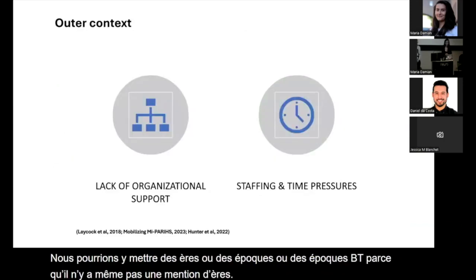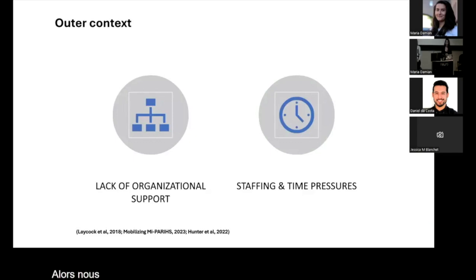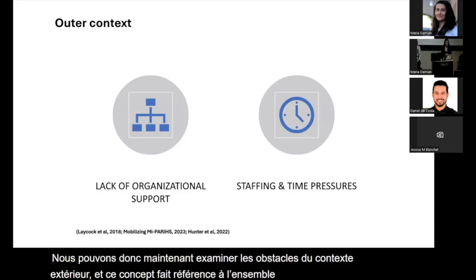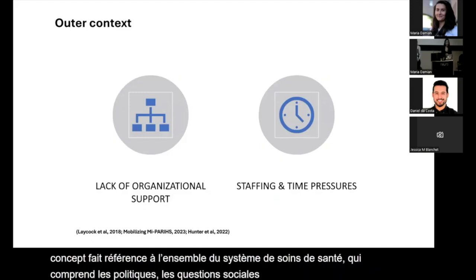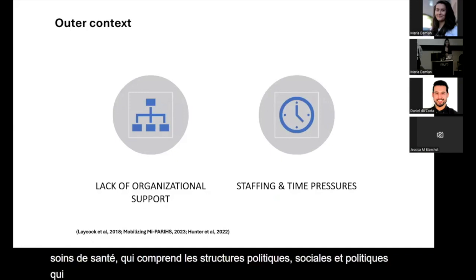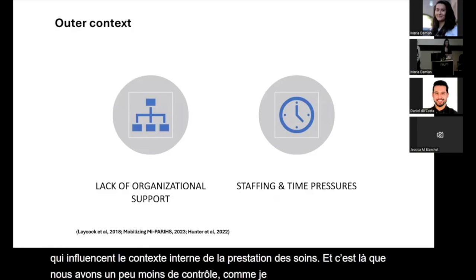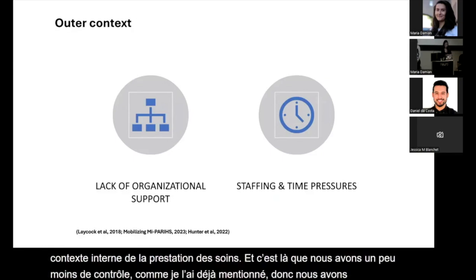So now we're going to look at the outer context barriers, and this construct refers to the broader healthcare system, which includes the policy, social, and political structures that influence the inner context of care delivery. And this is where we have a little bit less control, as I mentioned before. So we have lack of organizational support.